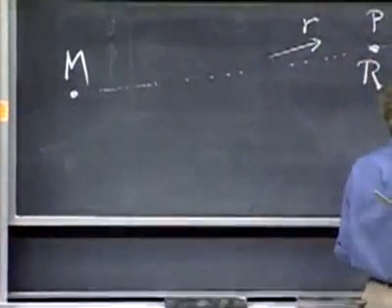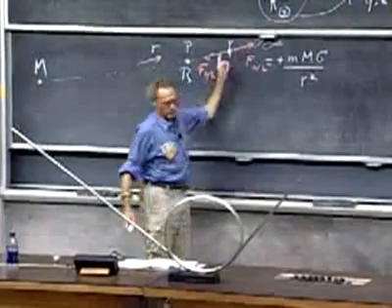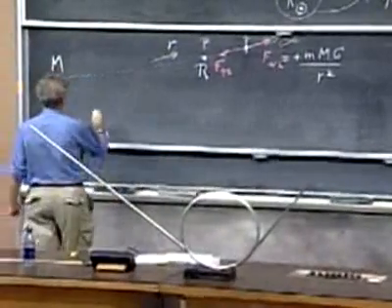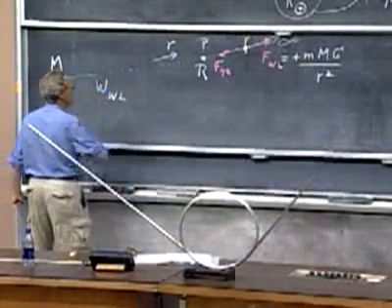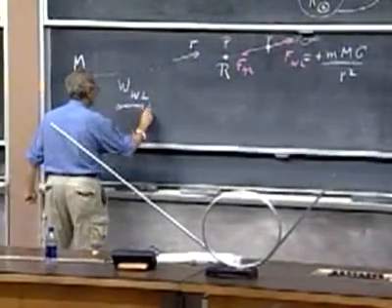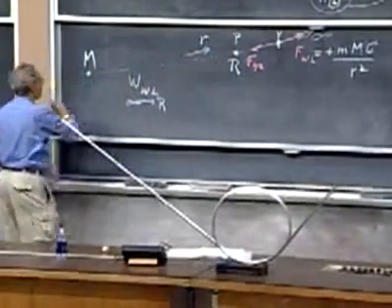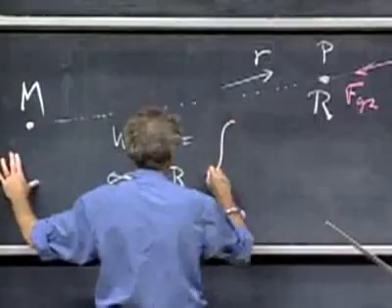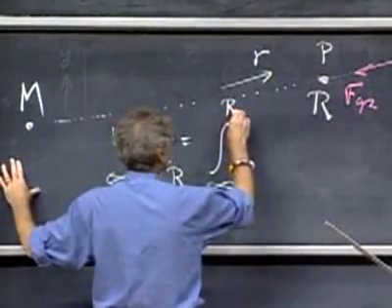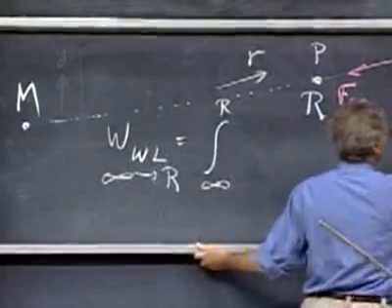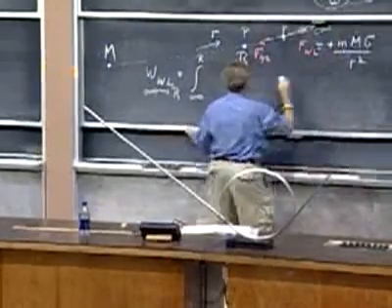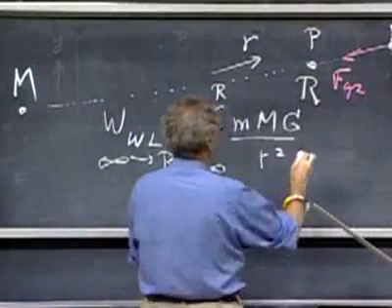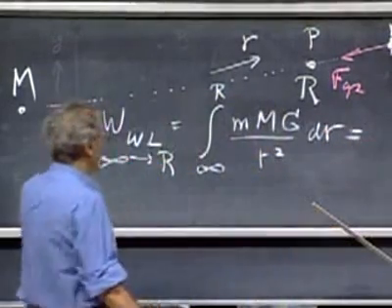So we already know it's going to be negative, and so we can now evaluate the work that I have to do when I go from infinity to that position capital R. So here comes the work that Walter Lewin has to do when we go from infinity to that point which is capital R radius from this object. Think of it as the sun or the earth, either one is fine. So that is the integral going from infinity to R of my force, which is plus, because it's an increasing value of R, mMg divided by R squared dr. That's a very easy integral.